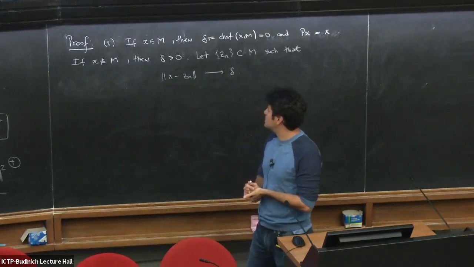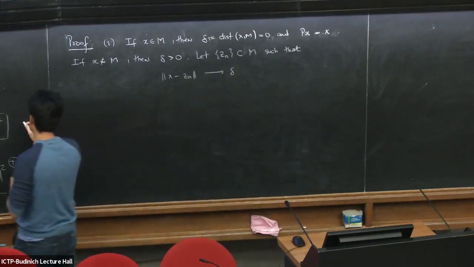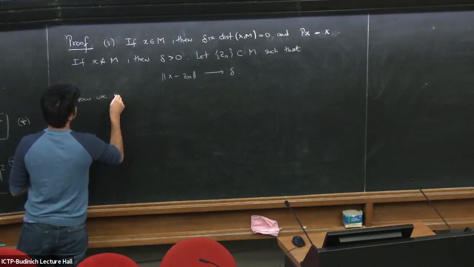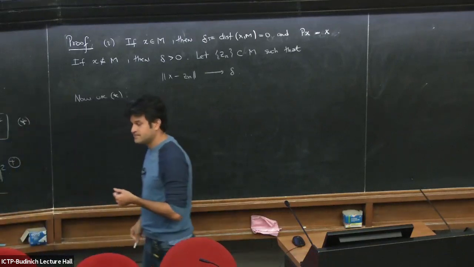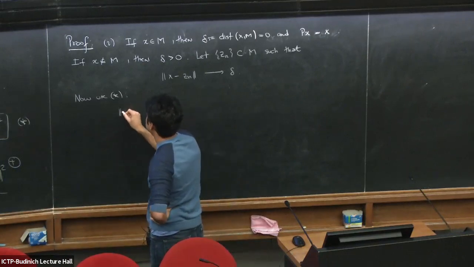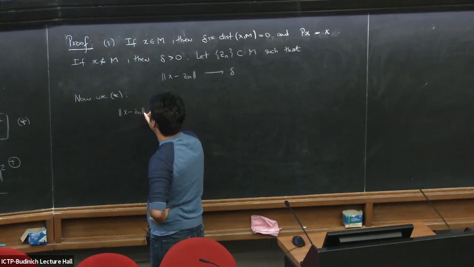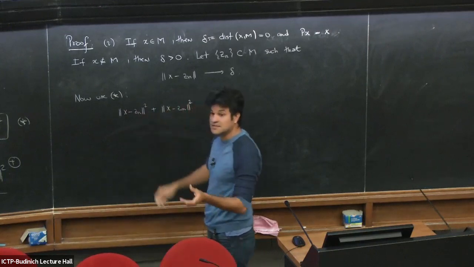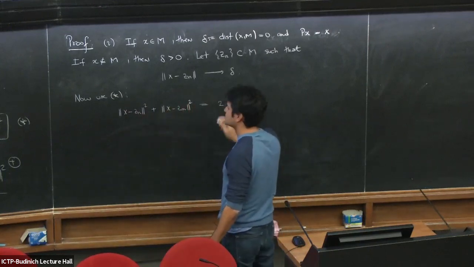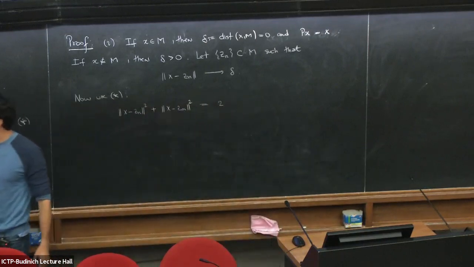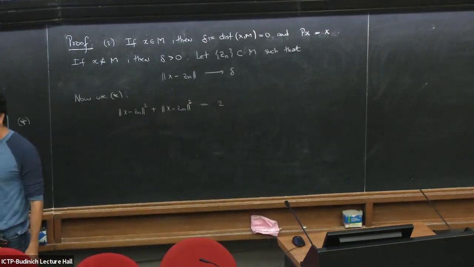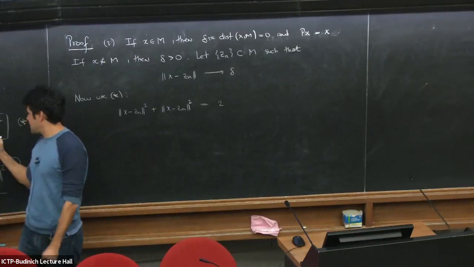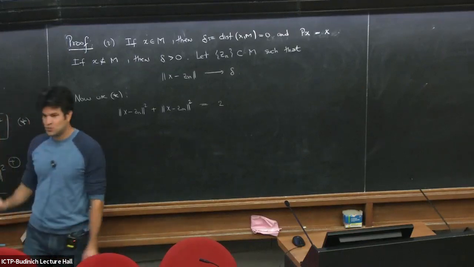All right. So I now use this parallelogram identity. Let's see how we can use this. Now use star. I can start with x minus Zn squared and put x minus Zm squared. Let's take two guys in the sequence. This is going to be 2 times, take a look, if this is A and this is B, this guy here is going to be A plus B over 2, and this guy here is going to be A minus B over 2.